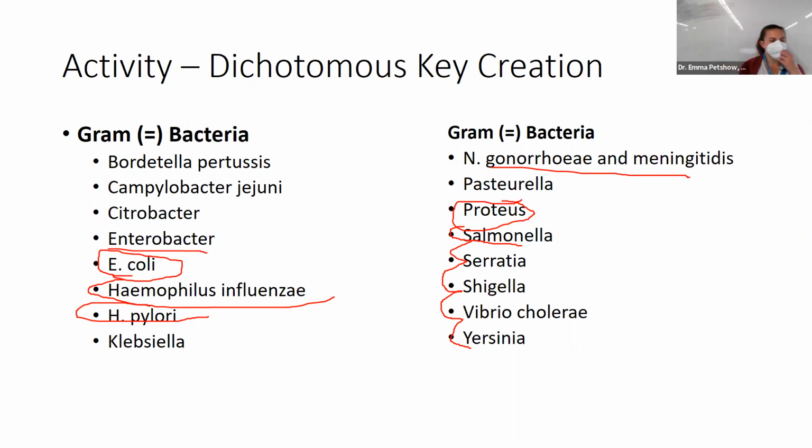Gram-negatives tend to colonize the gut. GU and GI is what I tend to think of, but of course they can colonize other places. With gram-positives you think more of respiratory or skin, but they can also colonize other places. These are generalizations, and we'll see why when we think about what components make these bacteria special.